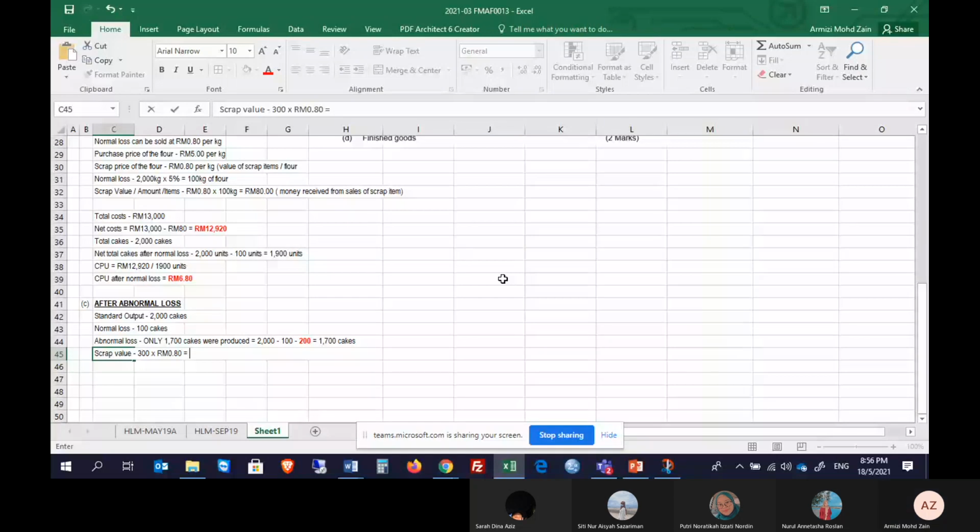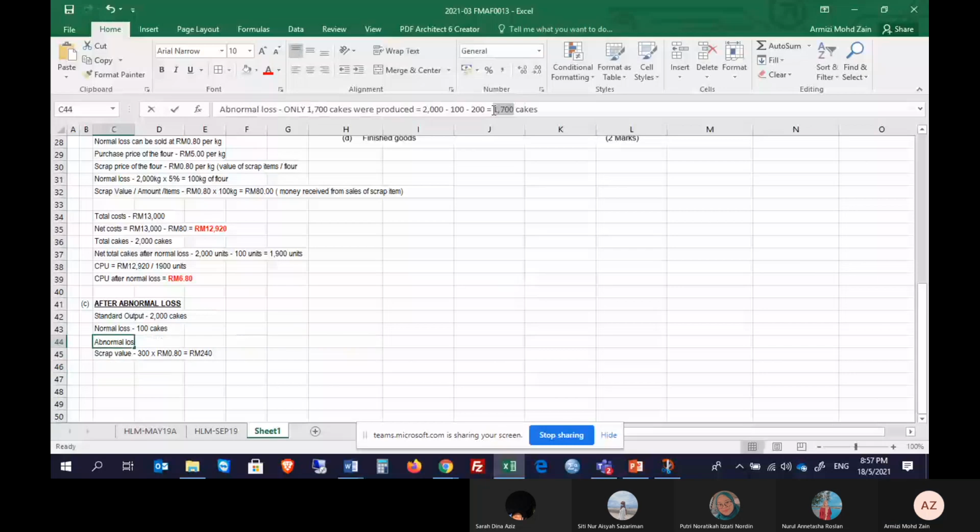Okay. RM 240. Value. Then net. Net tadi dia ada 1700 cake. Okay, scrap value 240. Yang tadi tu 80 kan? 240.